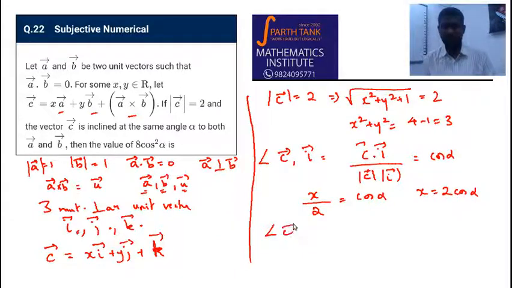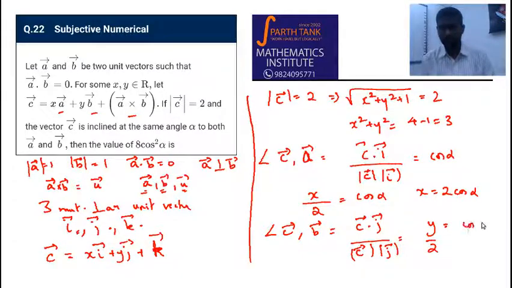The same way, the angle between C and B, that is between C and j, is C dot j by mod C mod j. This is y by 2, and this is also equal to cos alpha. So I get y is also 2 cos alpha.